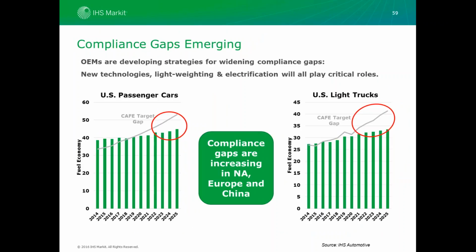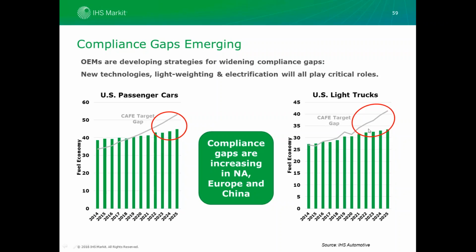So what we're seeing is some major compliance gaps, if you will. And what you can see here is that on U.S. passenger cars, the OEMs are beginning to see a gap between actual fuel economy and what the CAFE targets are. Same thing happening with U.S. light trucks.